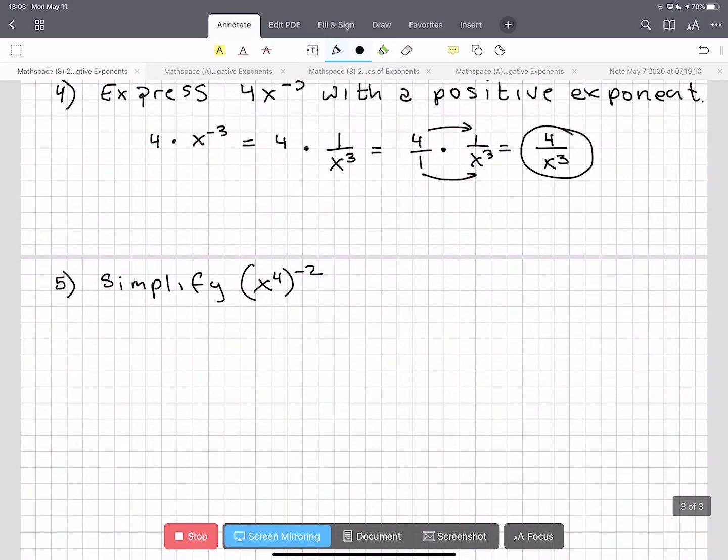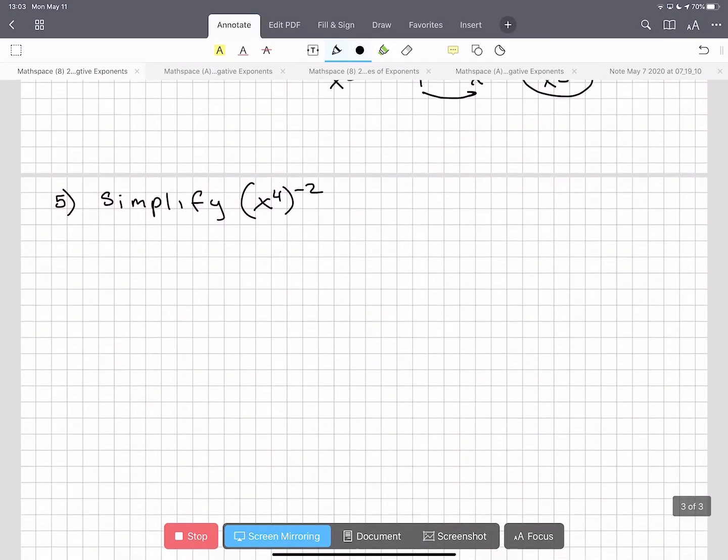Lastly, we have a problem like this. It's asking us to simplify x to the fourth raised to the negative second power. We've done problems like this before. This is a power raised to a power. And we know in this situation we can multiply the exponents. So x to the fourth to the negative second is x to the negative eighth. 4 times -2 is -8.